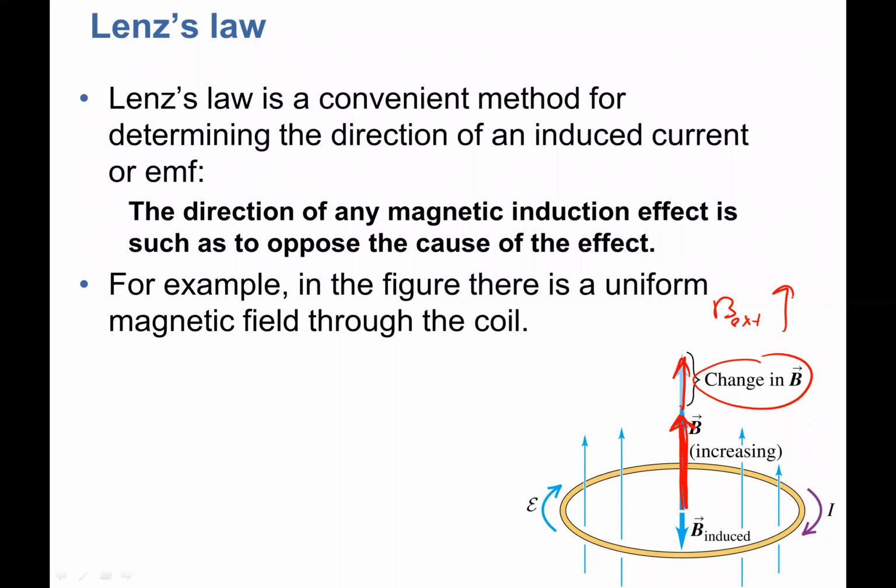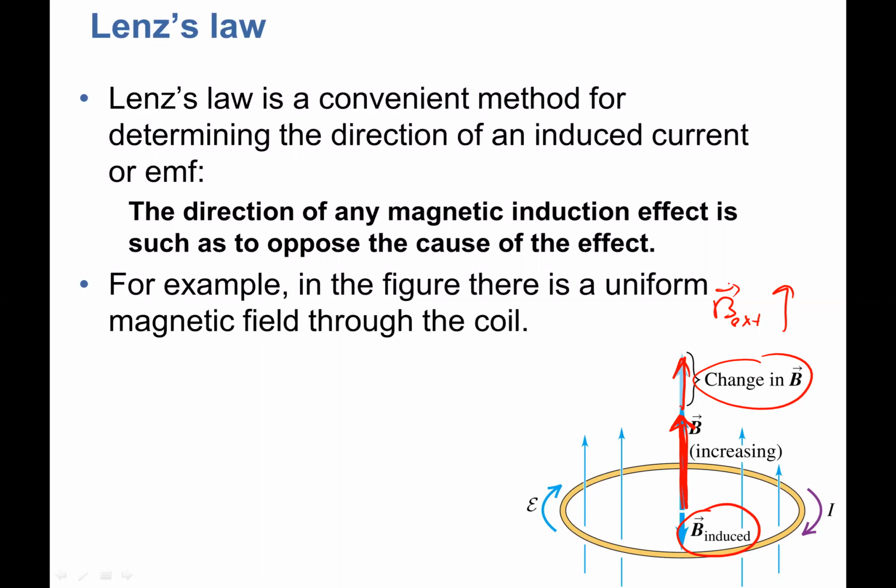Remember, you probably already figured out the pattern. If B is increasing, induced B then has to be in the opposite direction. If B is decreasing, then induced B has to be in the same direction as the external magnetic field.